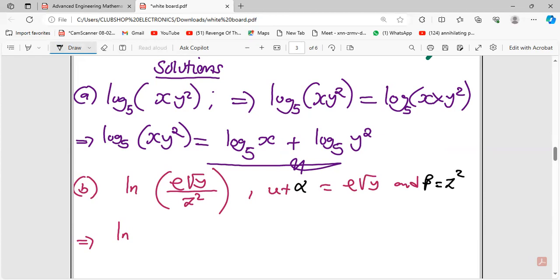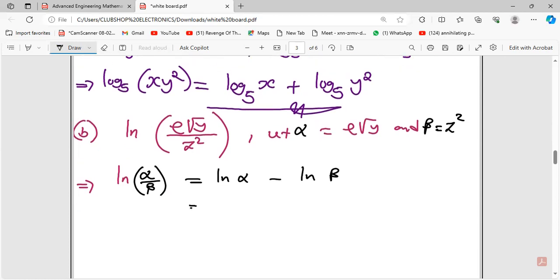So it simply means we have the natural log of alpha divided by beta. And this is the same as the natural log of alpha minus the natural log of beta. But now our alpha is e square root of y, so this is the natural log of e square root of y minus the natural log of z squared.